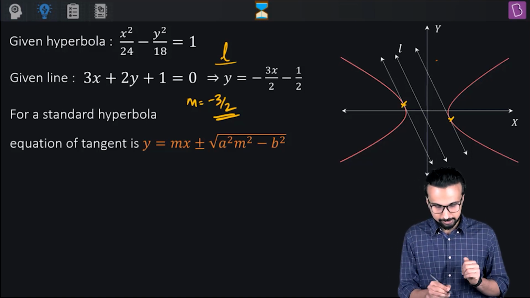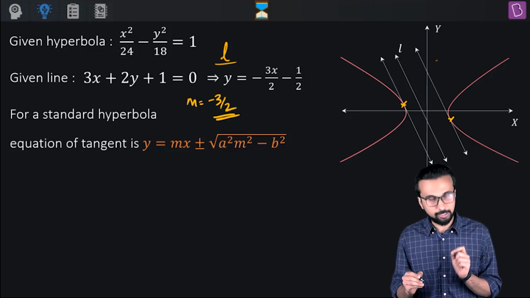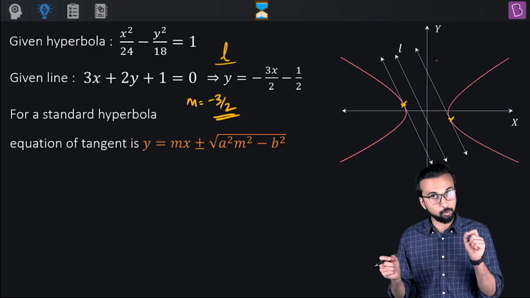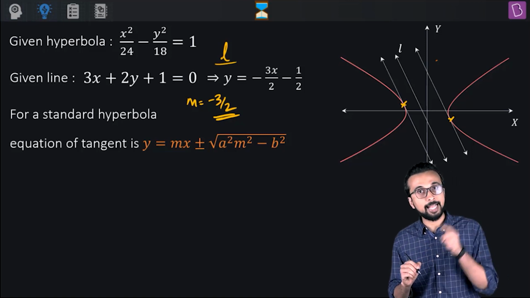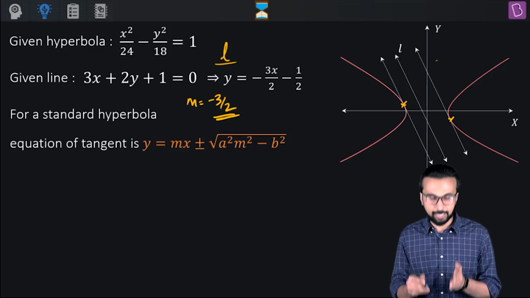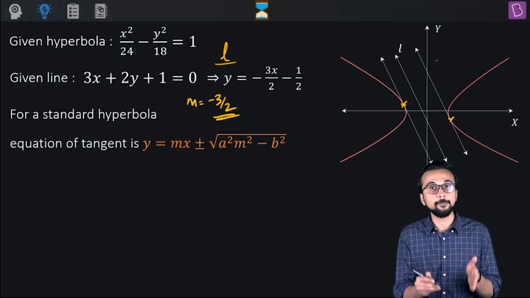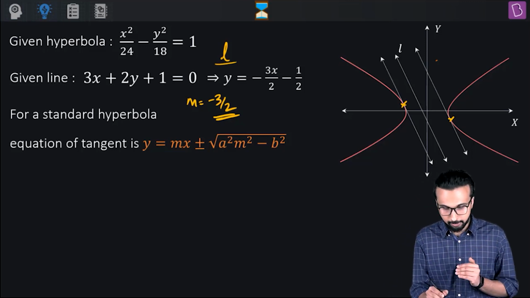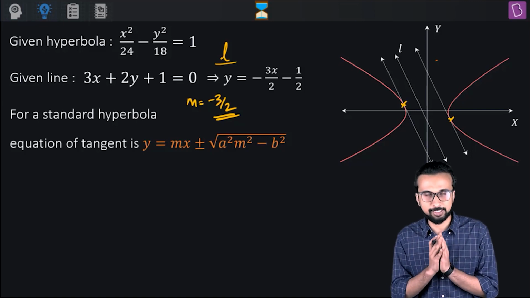Which means the given line has slope minus 3 by 2. The point at which it is closest to this line will have a tangent parallel to the given line L. So that slope will also be minus 3 by 2. So that is why I'm looking for the equation of tangent with given slope m equal to minus 3 by 2. Are you with me till here?